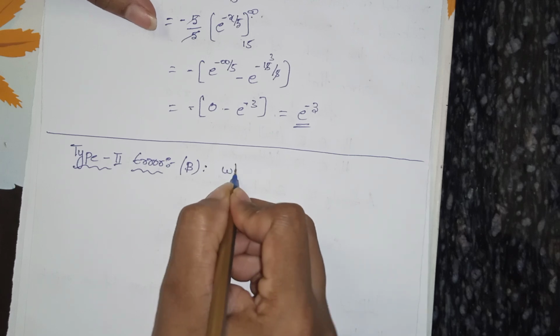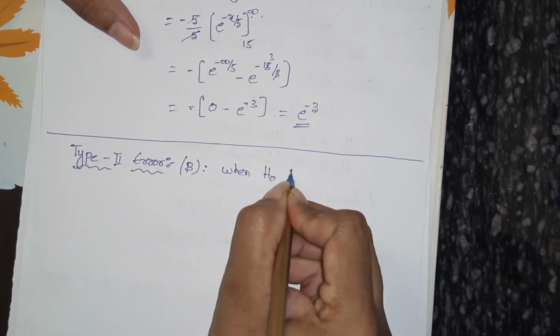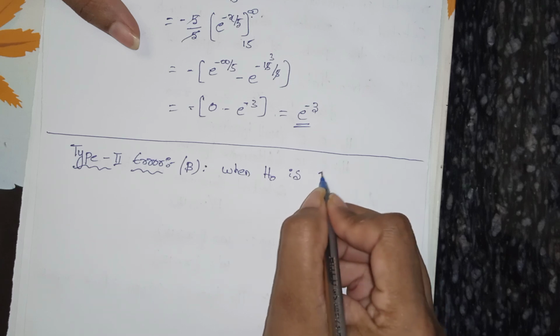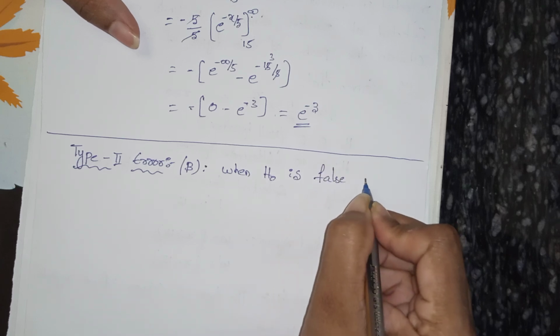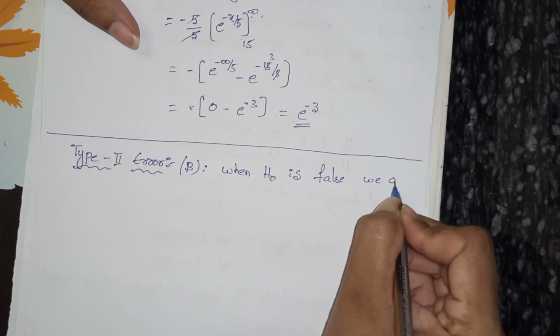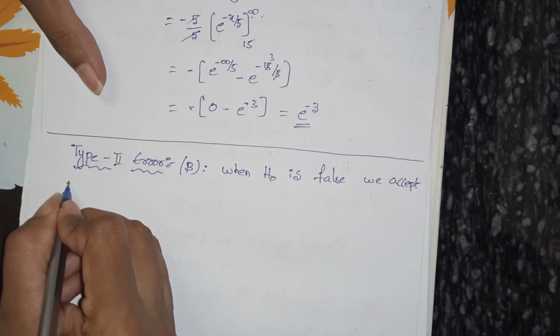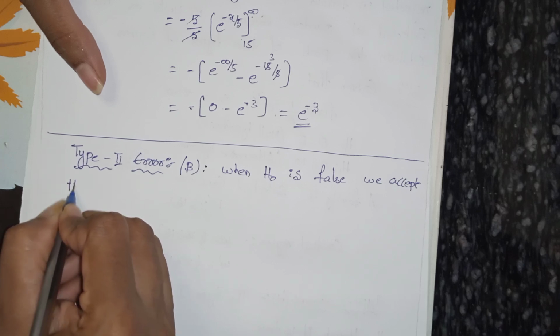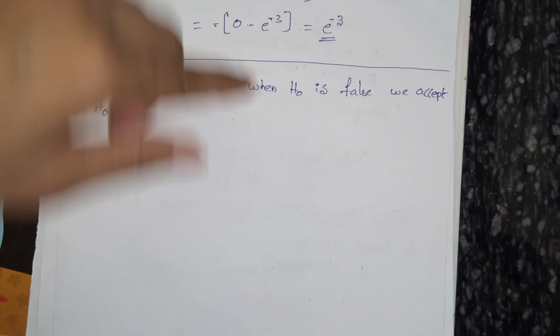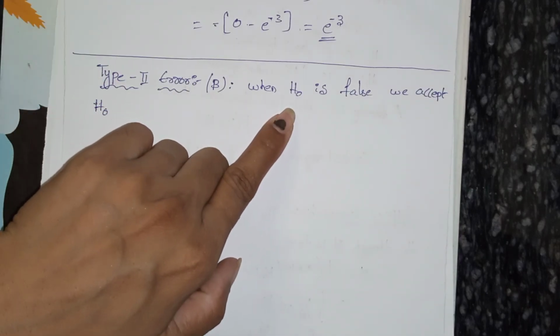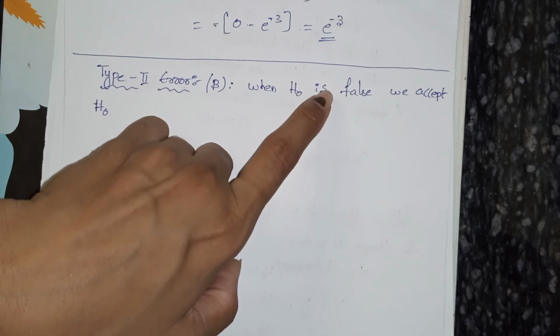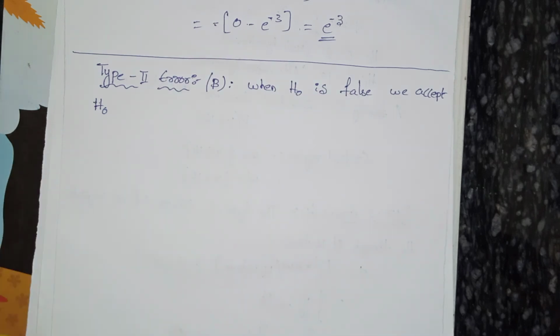When H naught is false, we accept H naught. Actually we have to reject it when it is false. When H naught is false, we have to reject, but here we are going to accept. So here an error occurs, and that error is called the type 2 error.